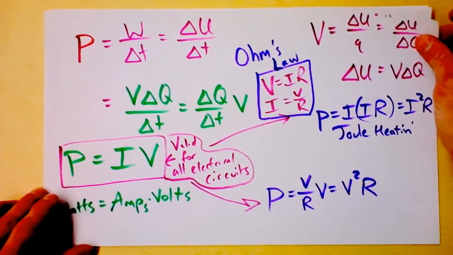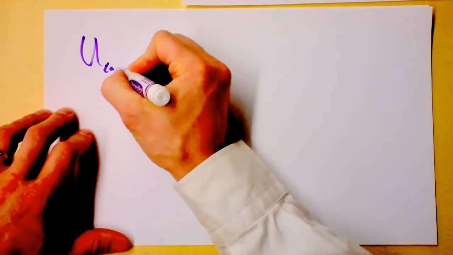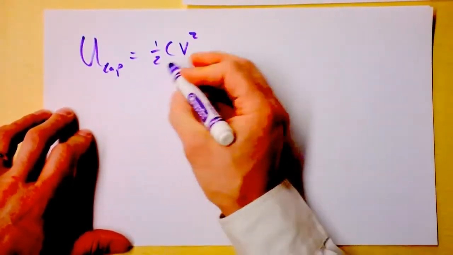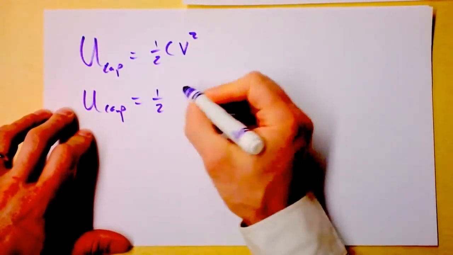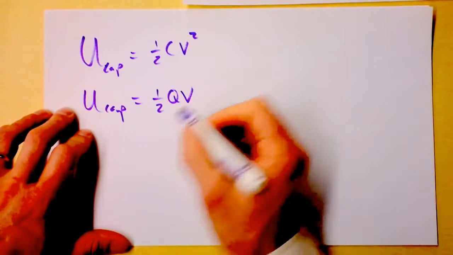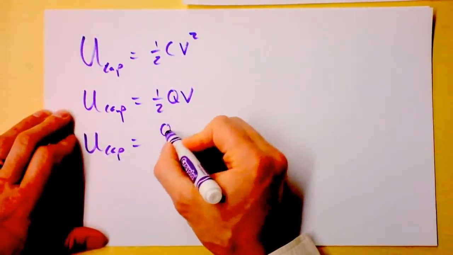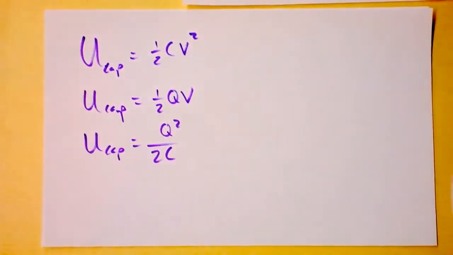So I'm going to write down 3 equations for the energy stored in a capacitor. The energy stored in a capacitor is 1/2 CV squared, and of course the energy stored in a capacitor is 1/2, oh man, wasn't it Q times V? Oh yeah, and the energy stored in a capacitor is just Q squared over 2 times the capacitance of the capacitor.